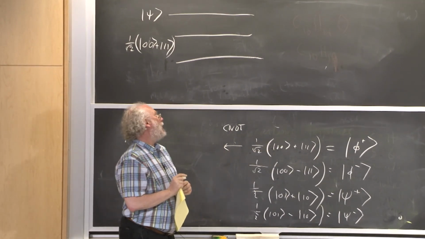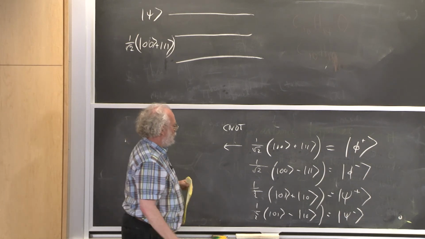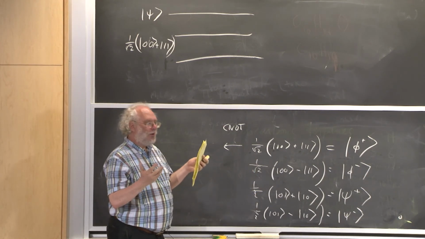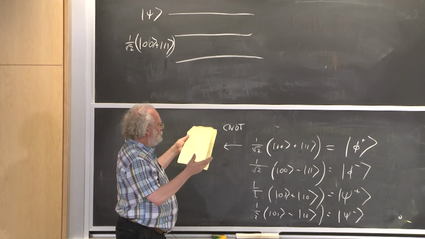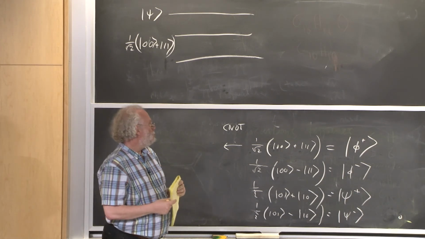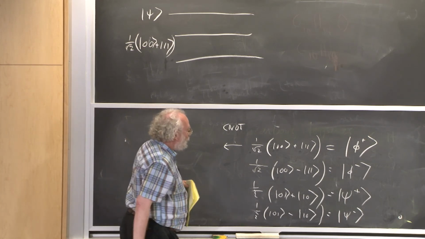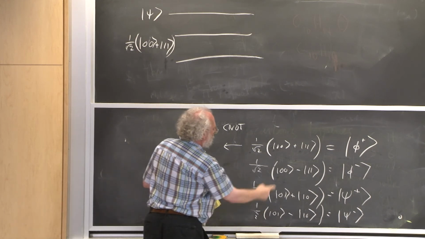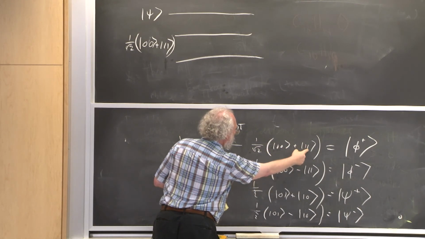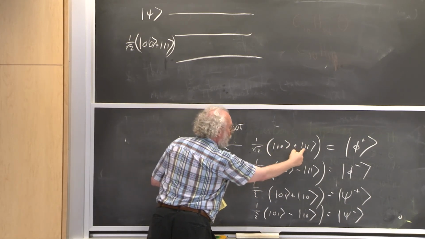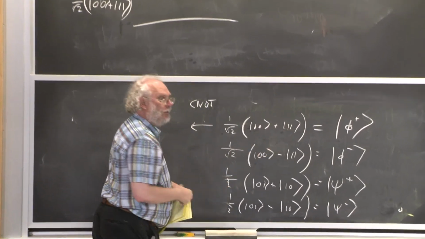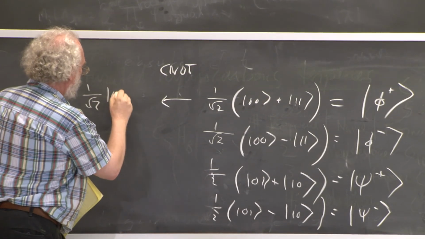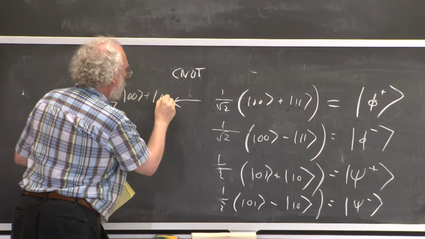And what happens when we apply a C naught to this? Well, first, why do we apply a C naught? Well, I guess you'll probably see what happens. We're going to get 0, 0 plus. Well, the C naught takes the first qubit, or first bit, and XORs it with the second. So this is 0, 0 plus 1, 0.